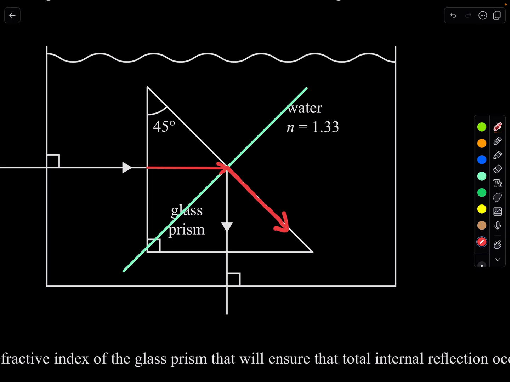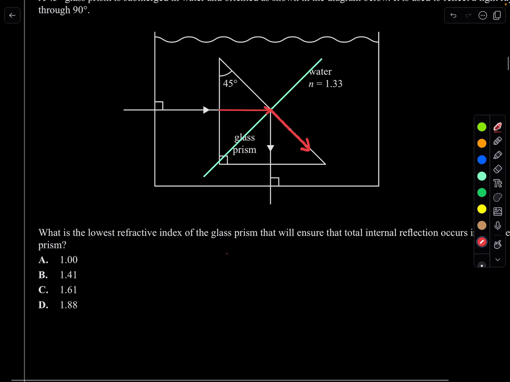To find that, you remember your critical angle formula. It's just N1 sine theta C is equal to N2, because we're going from N1. N1 in this case is the glass prism, which is what we're trying to find. What's the angle?